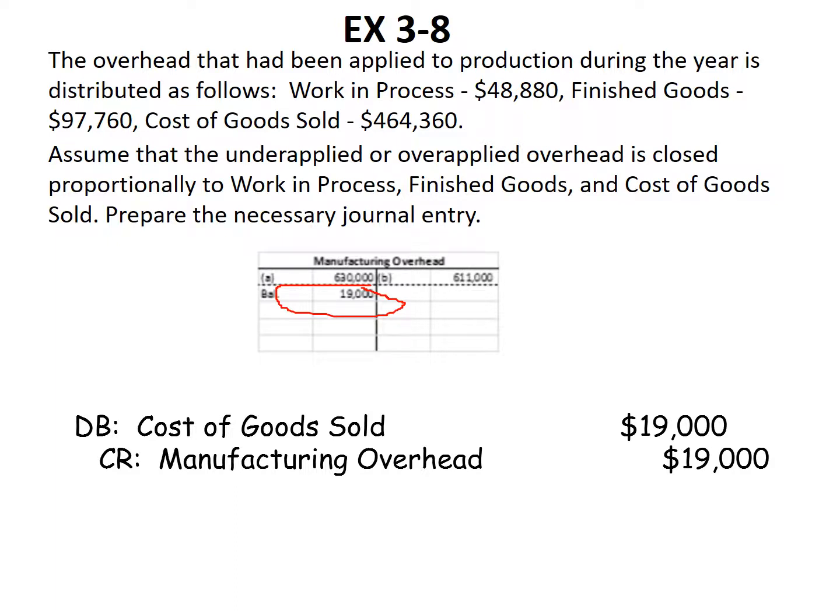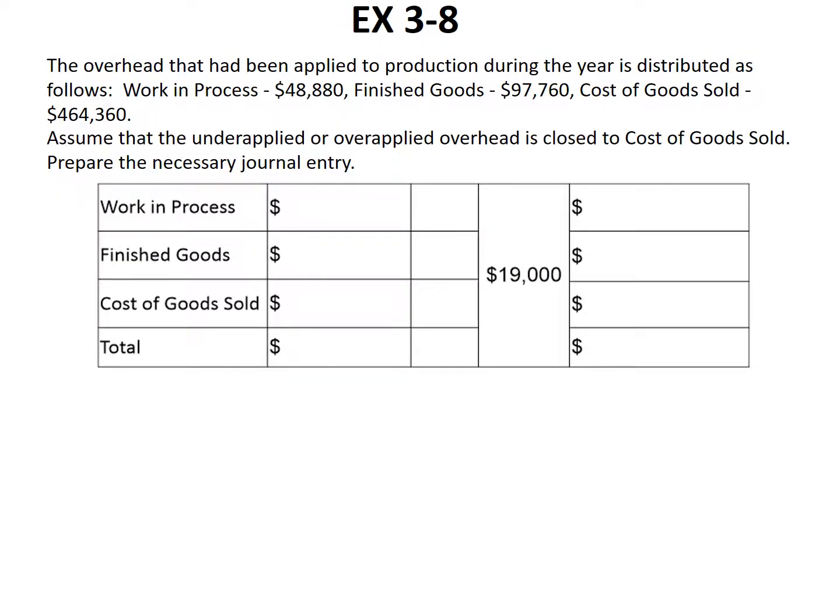Now there's one other item in this problem. In our last requirement, sometimes companies, rather than charging all of their overhead, either as a debit or credit, into the cost of goods sold, they choose to apportion a portion of that over or under applied overhead back to their various inventory accounts that were used in production.